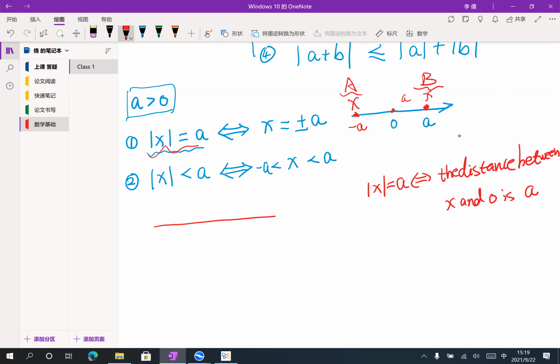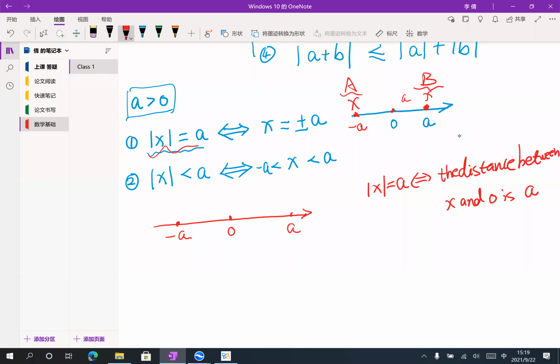And then let's see the second property. On the real line, this is 0, this is negative A, and this is A. The absolute value of x is smaller than A means the distance between x and 0 is smaller than A, right?